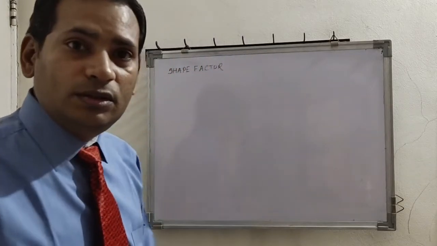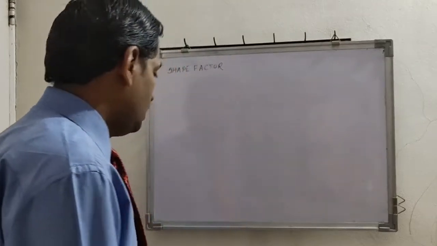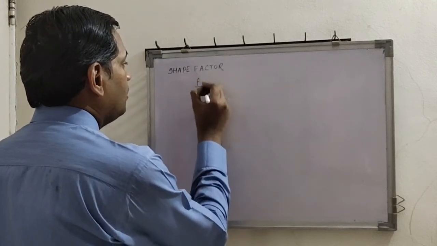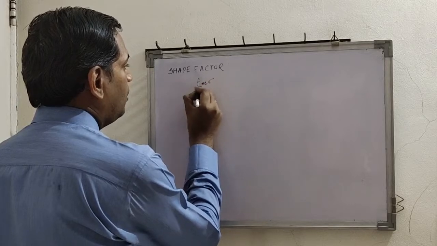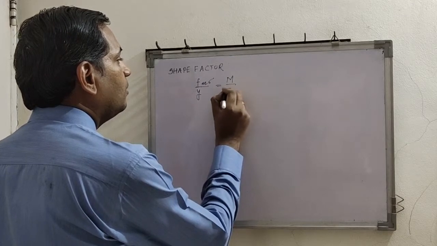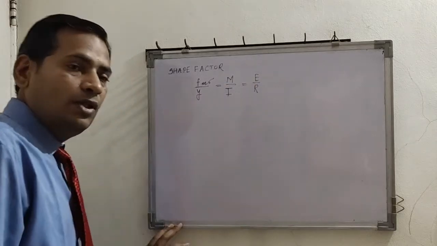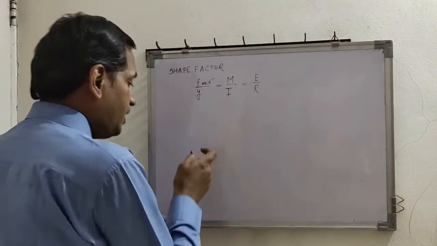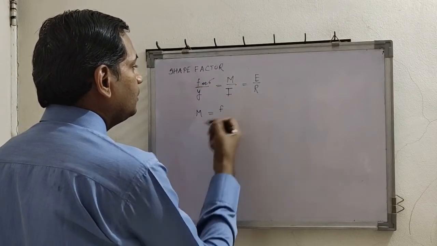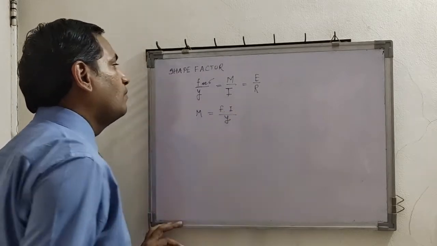So we will go to last semester's theory of bending stresses. We have this famous equation f by y, f or sigma, is equal to M upon I is equal to E upon R. From this we can get M is equal to f into I upon y.